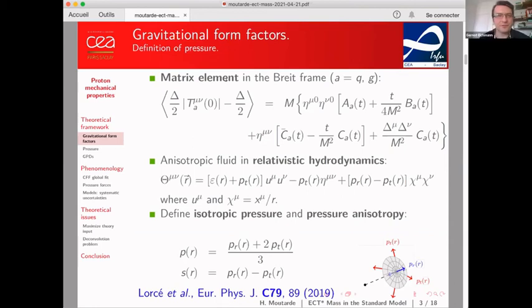Okay, Victor was next. Hervè, one question is, could you see any sound way to relate the scalar functions A, B, C in the energy momentum tensor decomposition to the observable?